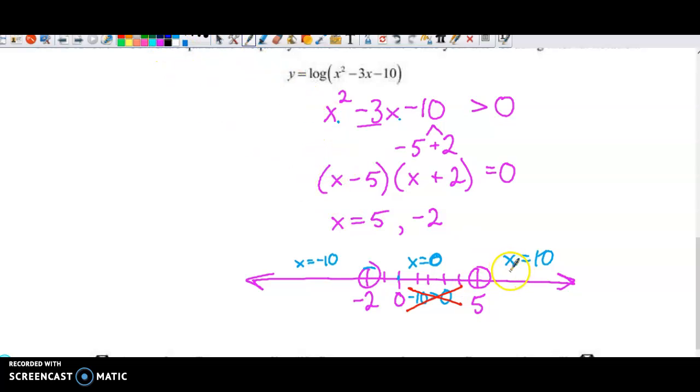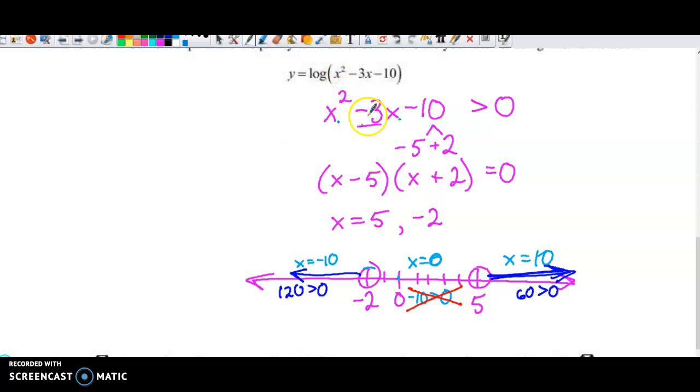But if you start plugging in 10 or -10, they will work, because you get 100 minus 30 is 70, minus 10 is 60, and 60 is greater than 0. And then same thing with over here. The only difference is you would get 100 plus 30, so you get 120. It's still greater than 0.